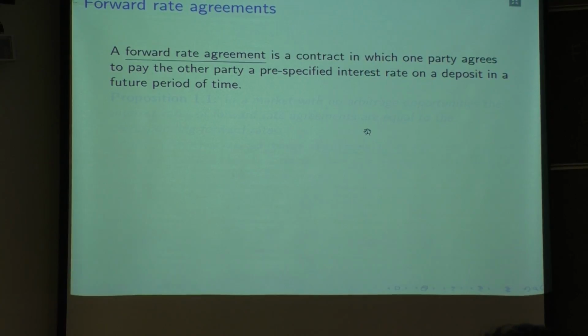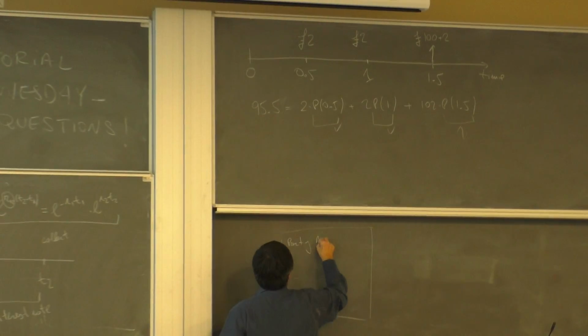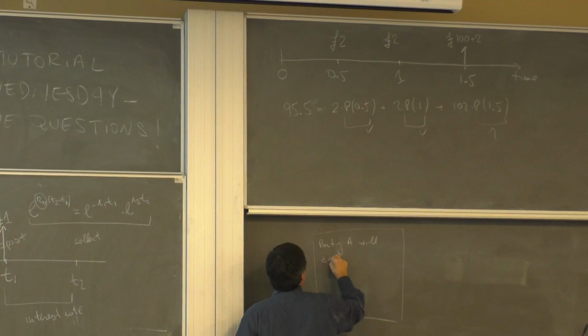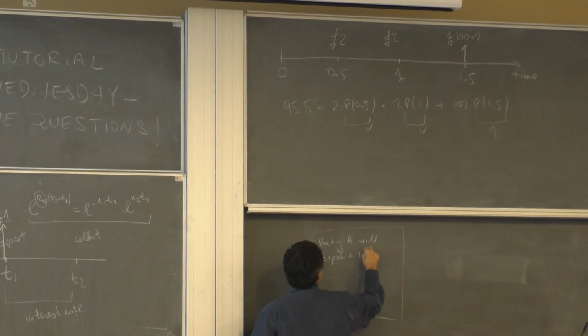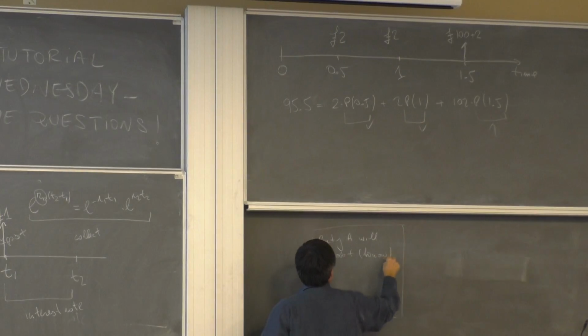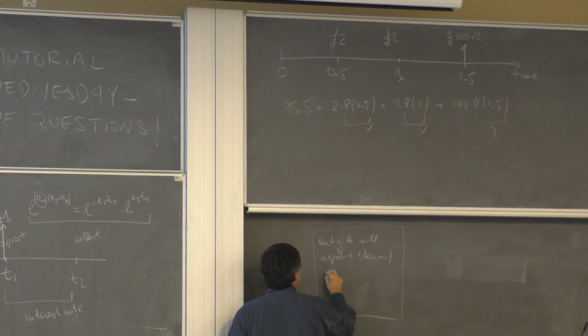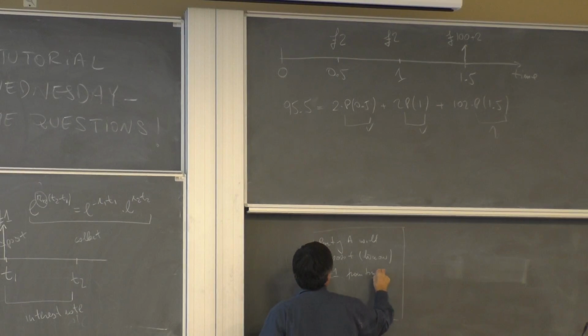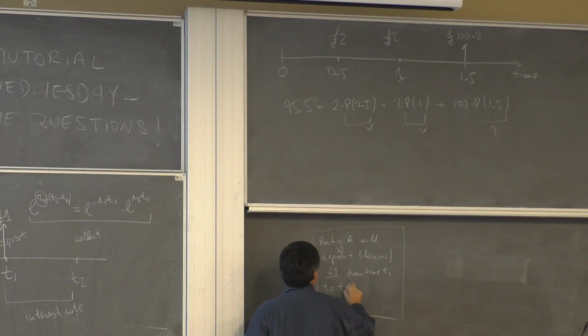When you read the small print, you read party A will either deposit or borrow some amount of money, let's say £1, from time t1 to t2 at an interest rate of R.